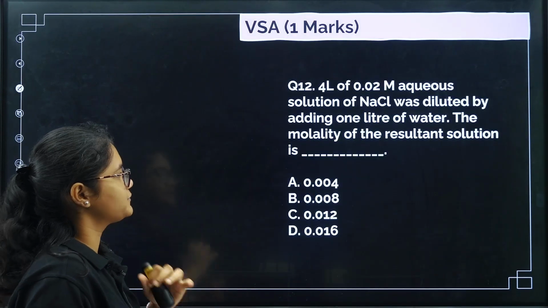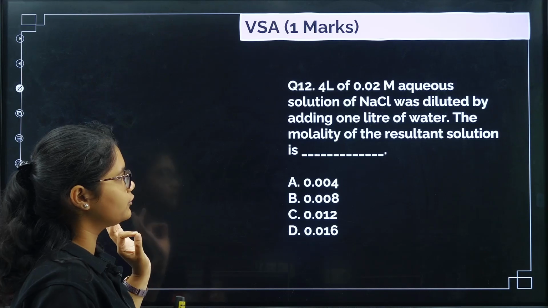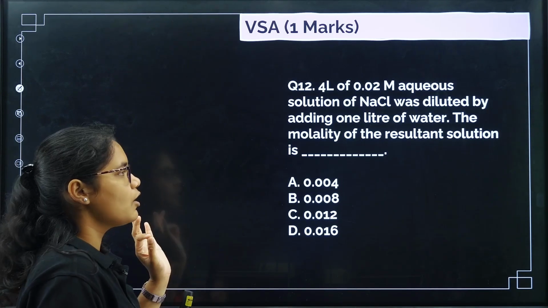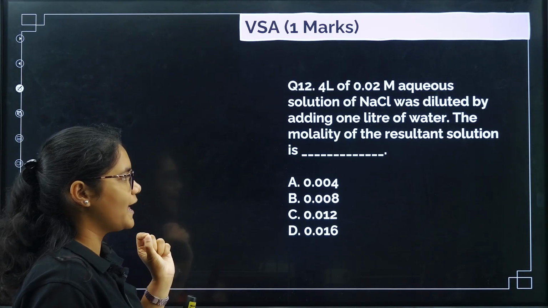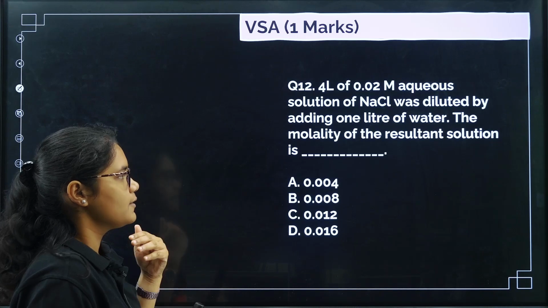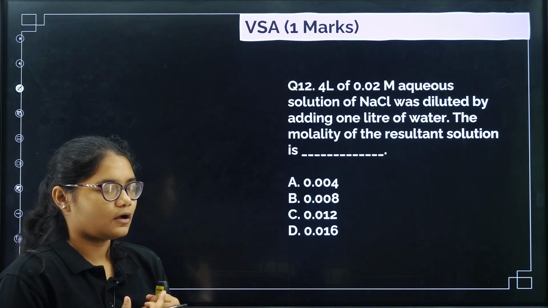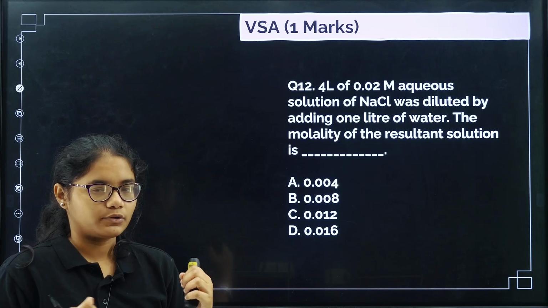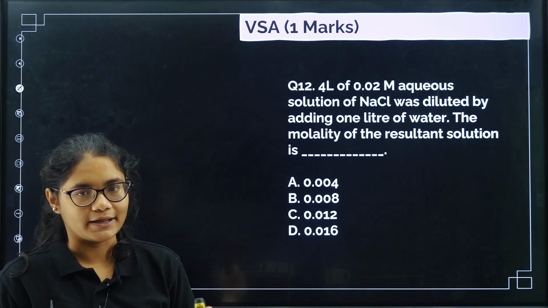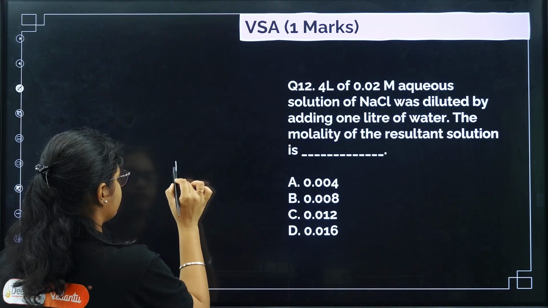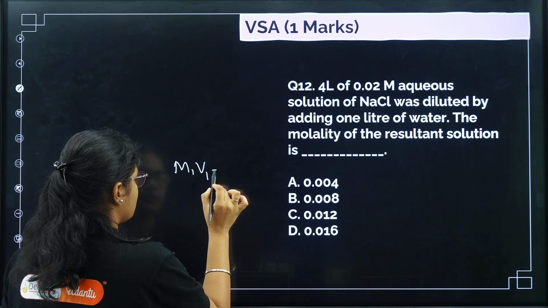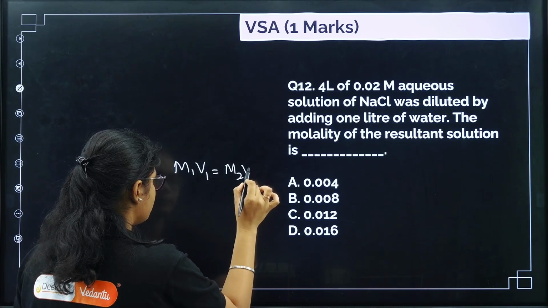Now let us see the next question. 4 liter of 0.02 molar aqueous solution of NaCl was diluted by adding 1 liter of water. The molality of the resultant solution is? So you can see when the mass of the solvent is more, you can relate molality and molarity. So we can use the dilution formula, M1V1 equal to M2V2.